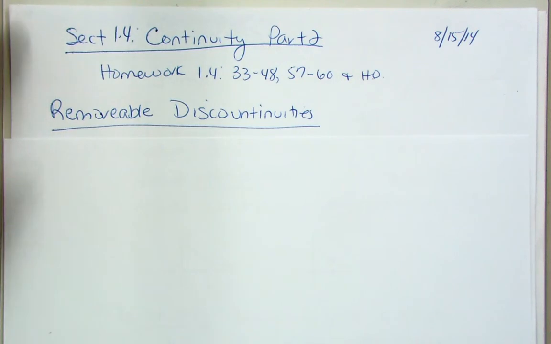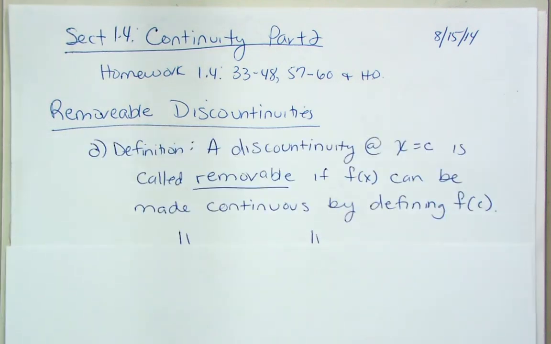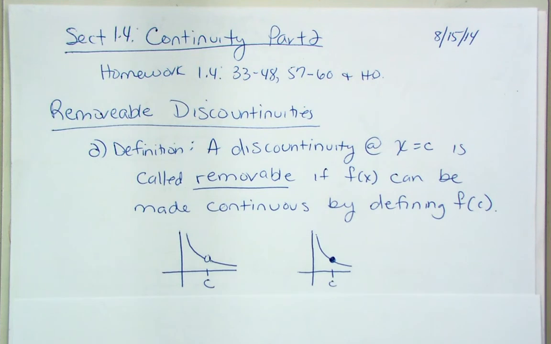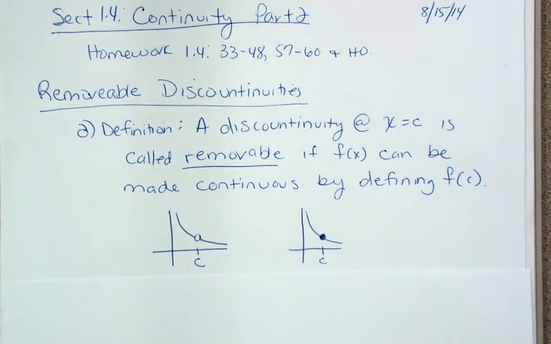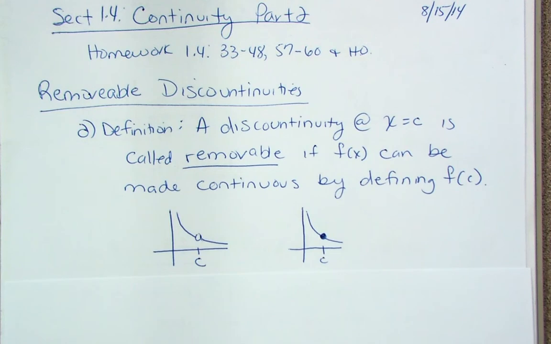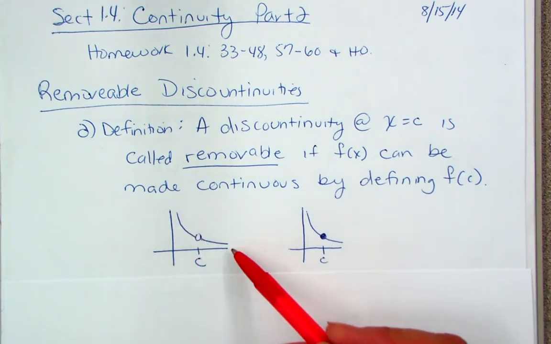So let's talk first about removable discontinuities. The definition: a discontinuity at x equals c is called removable if f of x can be made continuous by defining f of c. What does that mean? Here I have some function with a hole.